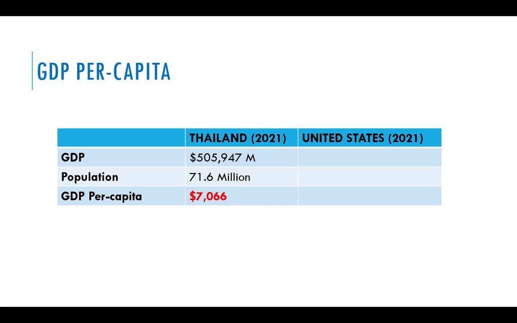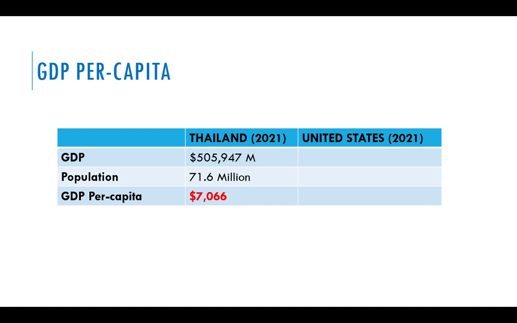So we take 505,947, the top number, divided by 71.6, and those million part, that crosses out, right? And we get a GDP per capita for Thailand of a little over 7,000, right? $7,066.